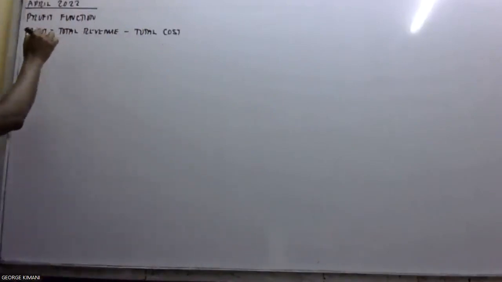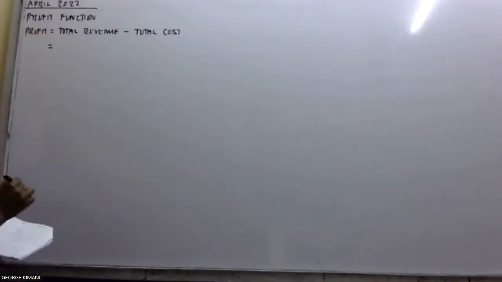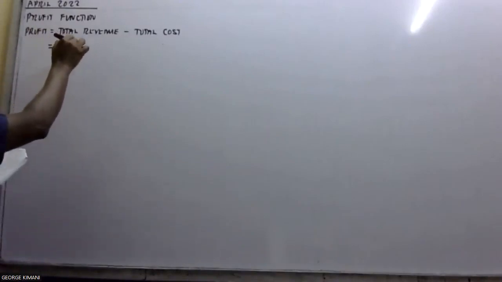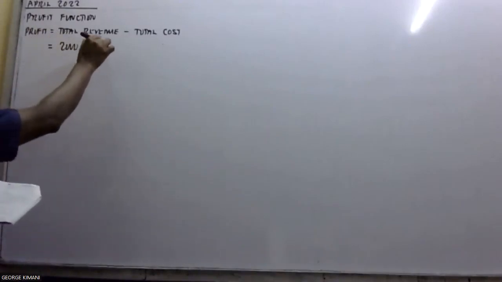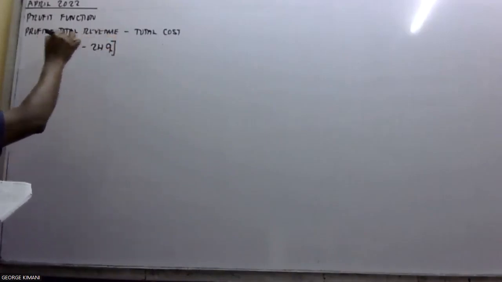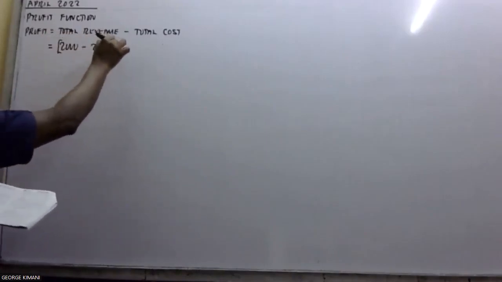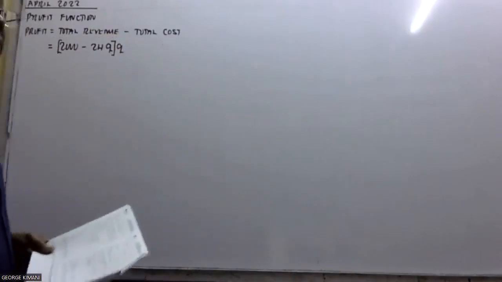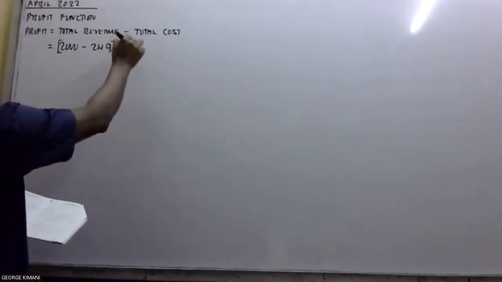What we are given here is the average revenue, which is 2,000 minus 24Q. Now this one, you multiply by Q so that you get the total. Then you minus the total cost.